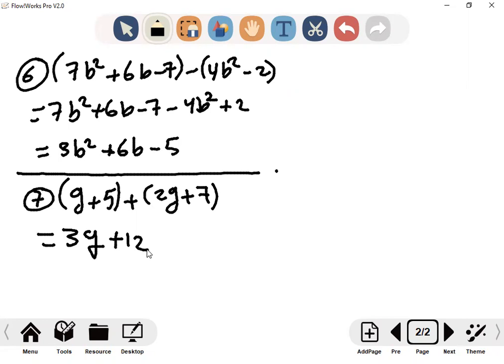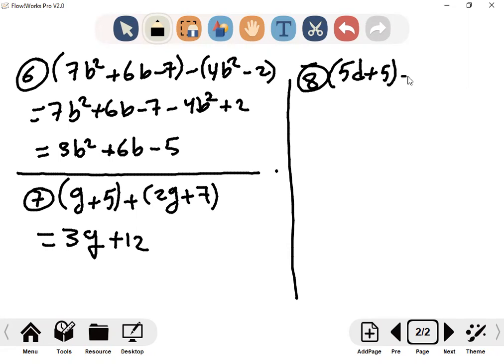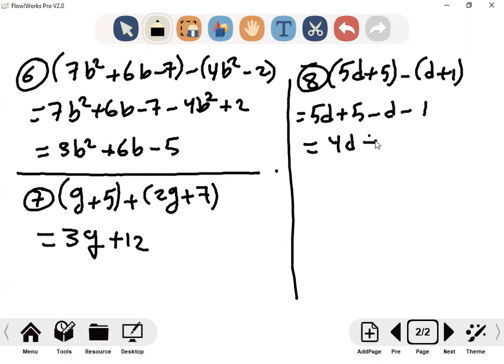Question 8. Guys in the online, please check your answers and do it if you didn't do it yesterday. 5d plus 5 minus d plus 1. Distribute: 5d plus 5 minus d minus 1. Here 4d plus 4.